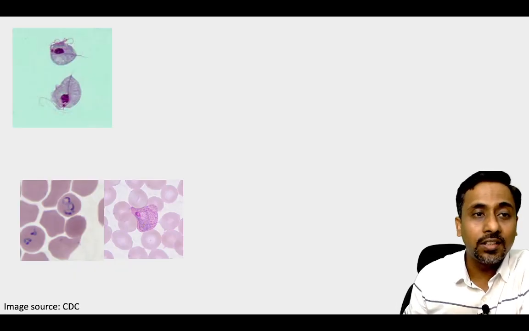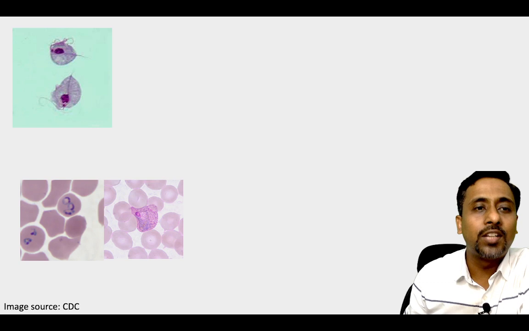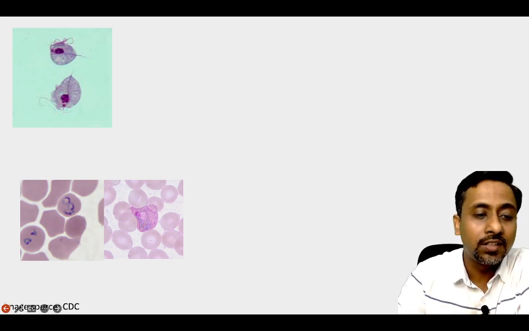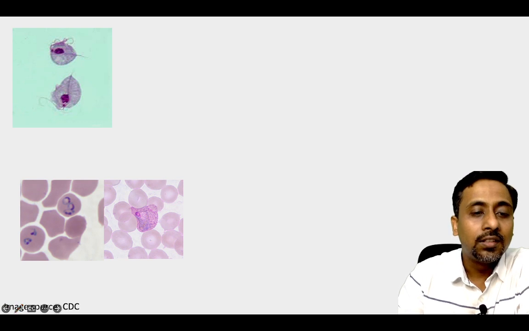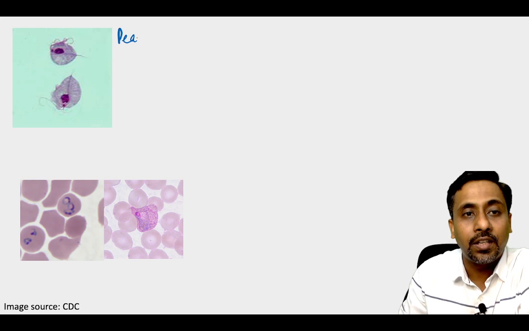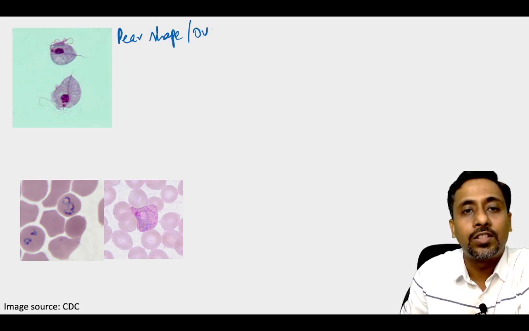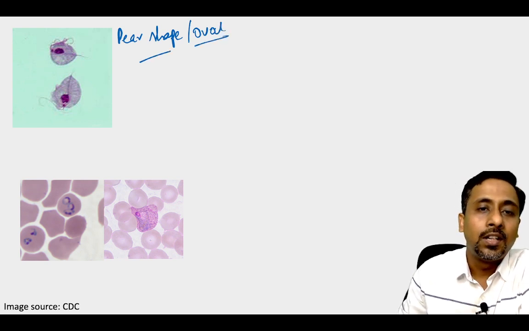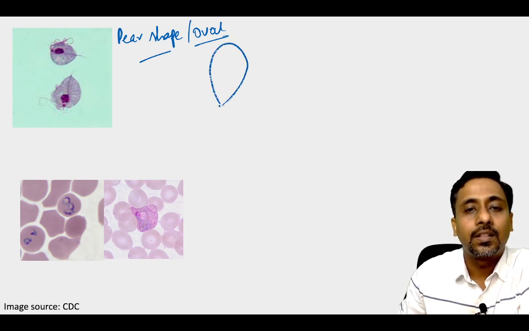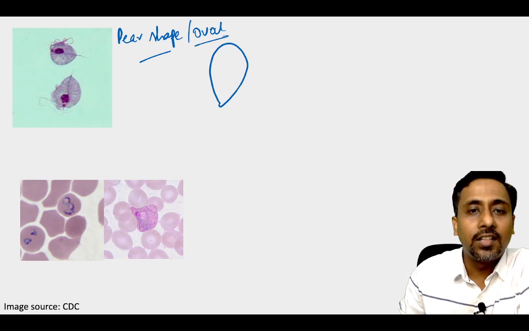Now this looks somewhat similar to that of Giardia, but the shape in this case is not tennis racket, it is either pear shape or oval shape. I will just draw it. And it has got a single nucleus.